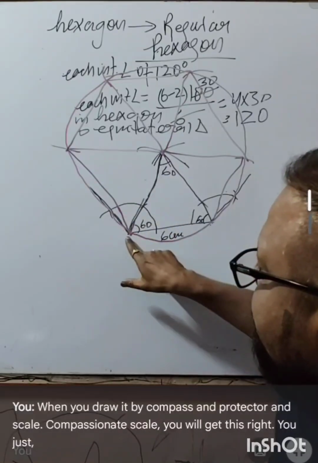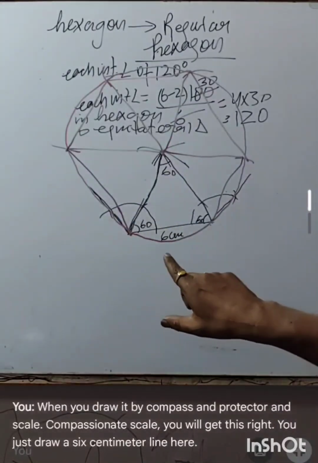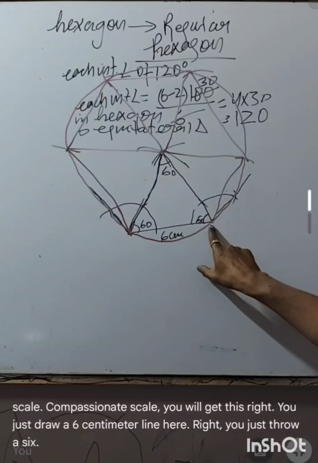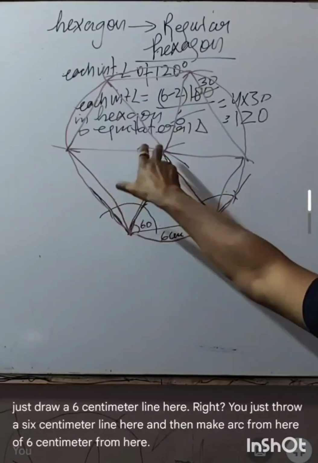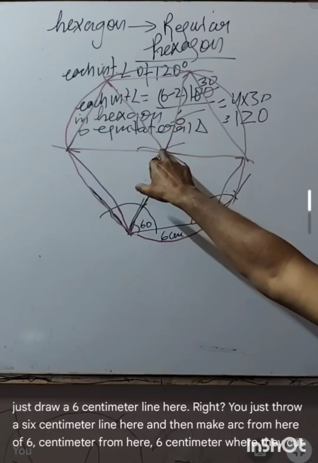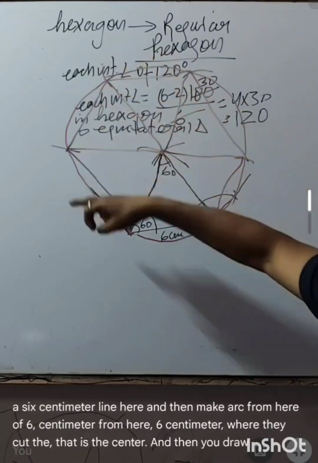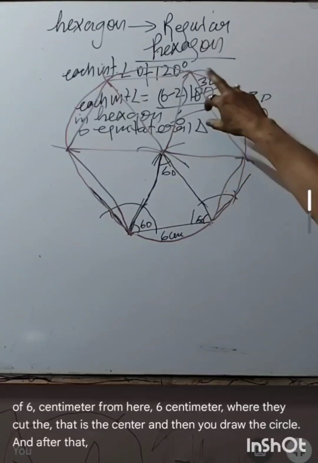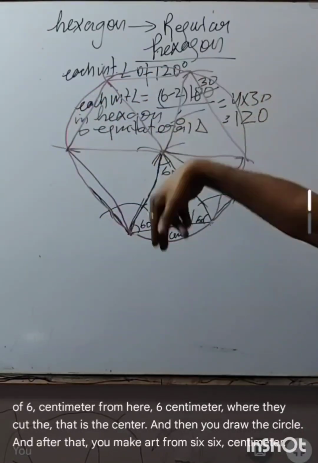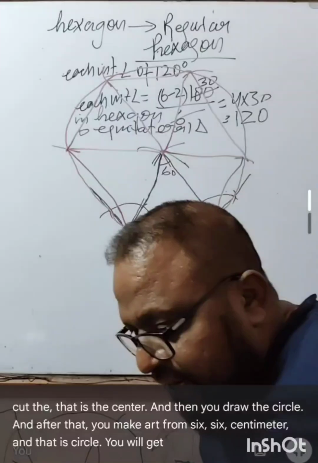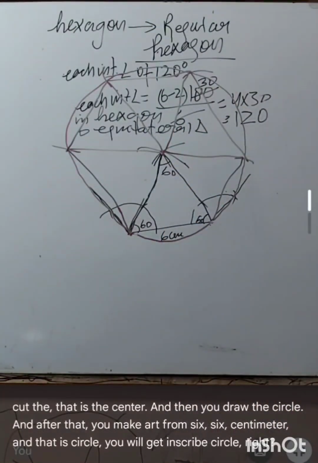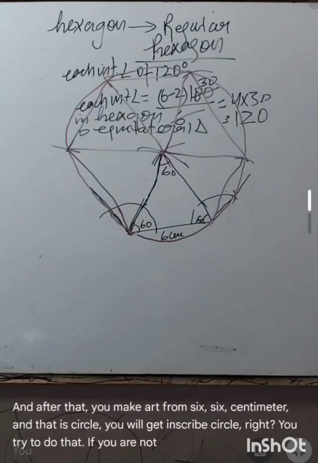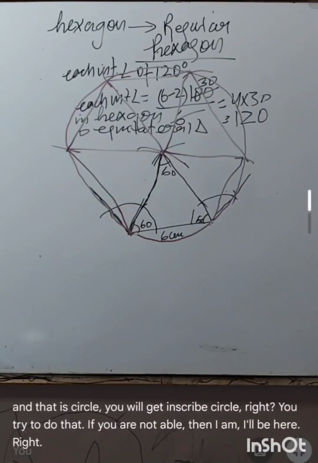You just draw a 6 centimeter line here and then make an arc of 6 centimeter from here and 6 centimeter from here. Where they cut, that is the center. Then you draw the circle, and after that you make arcs of 6 centimeter, and you will get an inscribed hexagon, right? You try to do that. If you are not able, then I'll be here, right? Are you there?